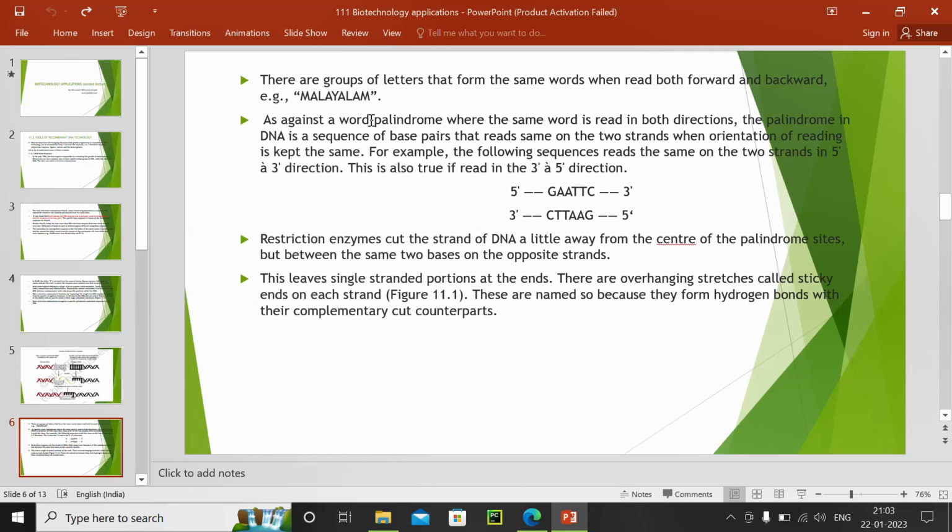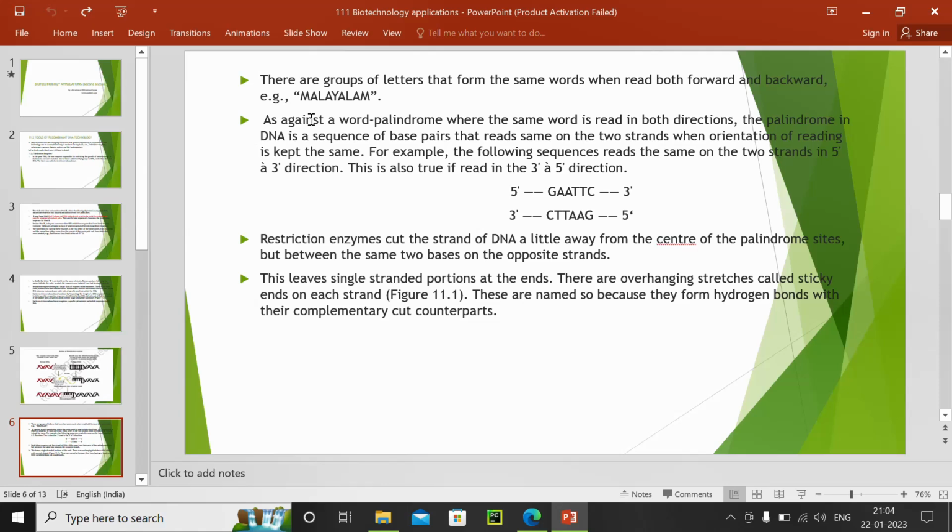So here, Malayalam is repeated in the forward sequence like MALAYALAM, and if we reverse it again, then we get the same sequence, MALAYALAM. So Malayalam is an example of a palindromic sequence.